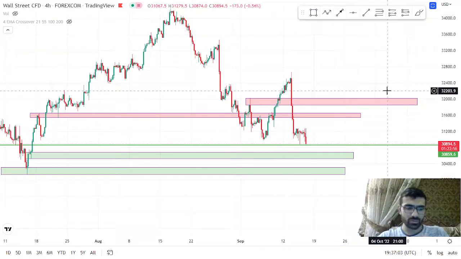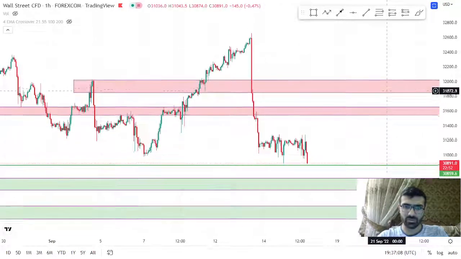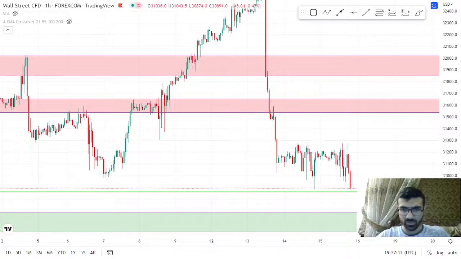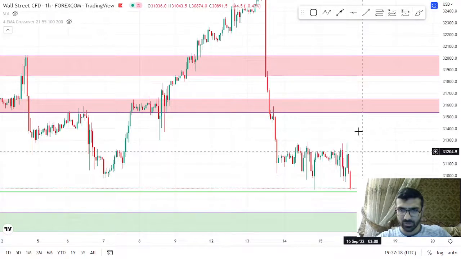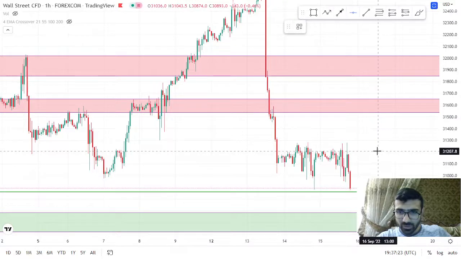Okay, so let me go to the 1 hour chart and let me take all the trades accordingly. Let me mark the short-term areas of support and resistance. Okay, so I think the short-term area of resistance would be this area.